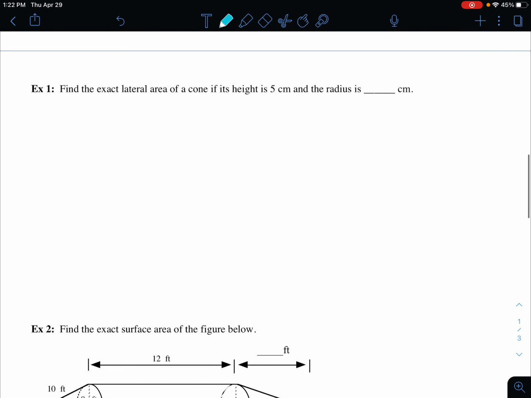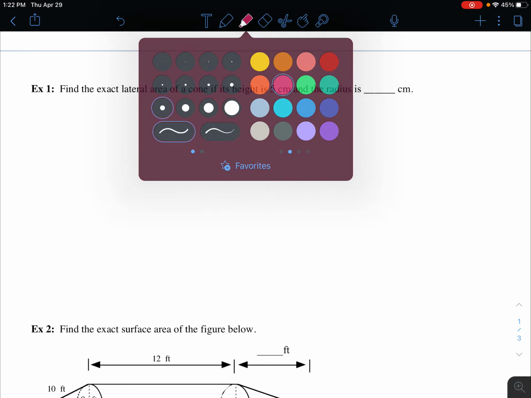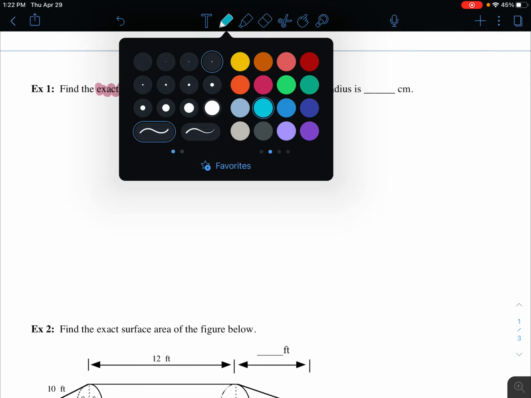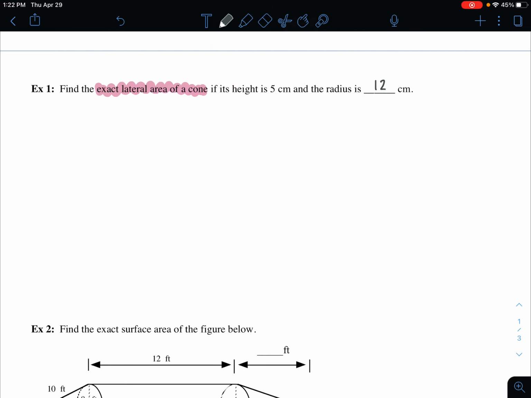For number 1, it's telling us to find the exact lateral area of a cone if its height is 5 centimeters and it has a radius of 12 centimeters. Let's help ourselves by drawing a diagram. We have a cone that has a circle base.